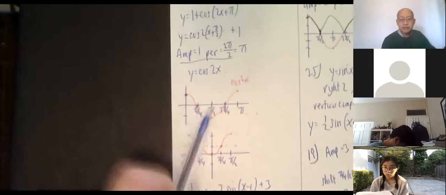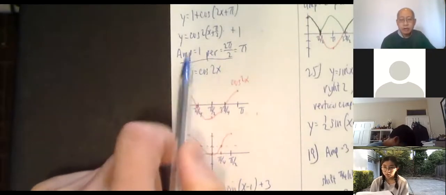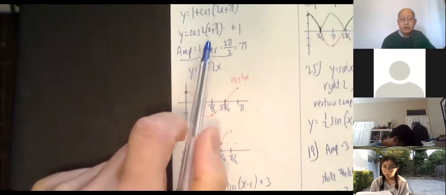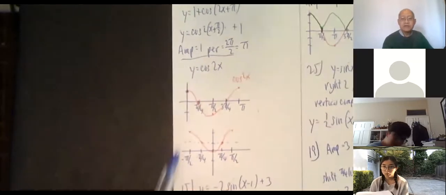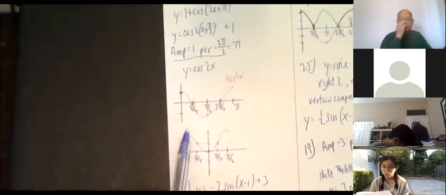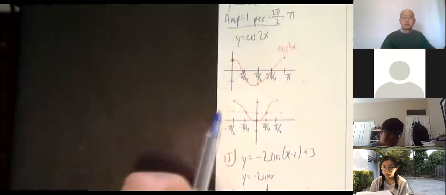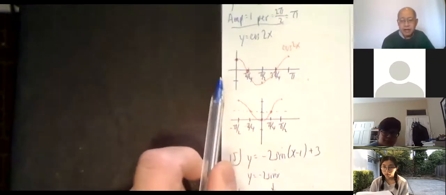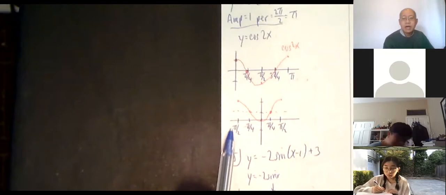Now, take this graph, and let's see, what do I do? Move it pi over 2 to the left and 1 up. Okay, so this might get a little clumsy. Move pi over 2 to the left. So 0 goes to negative pi over 2. I still count by pi over 4s.